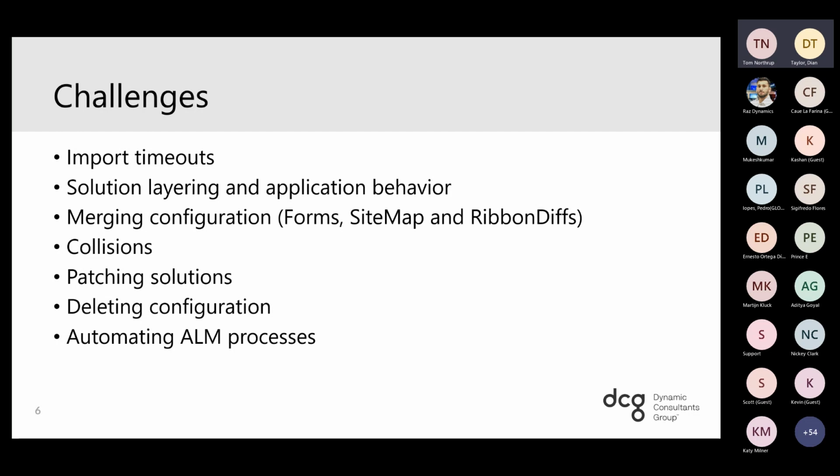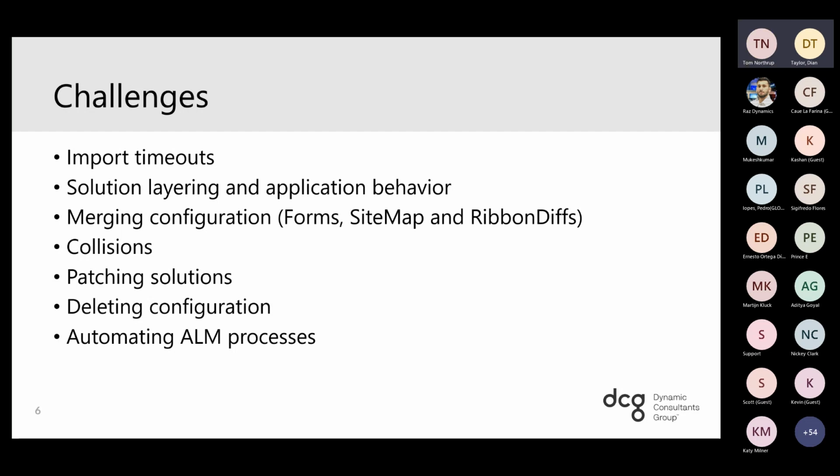They are not recommending using the create a patch of a solution anymore. Deleting configurations: how do we delete a field from an environment? There are different ways to do that. And then automation. It hasn't always been easy to automate an application lifecycle management process with Dynamics 365 CE. So these are some of the challenges.